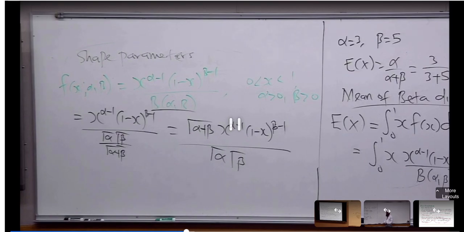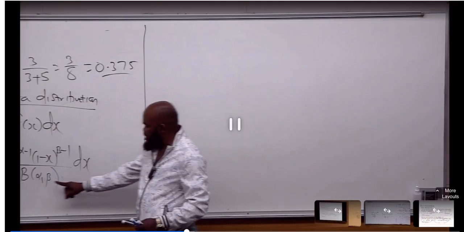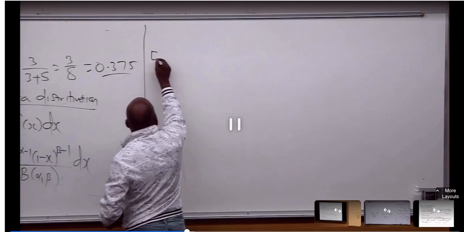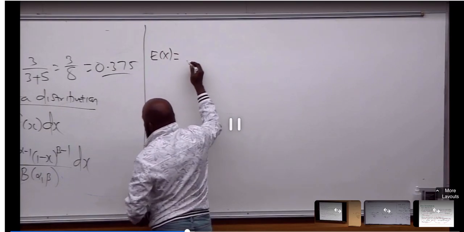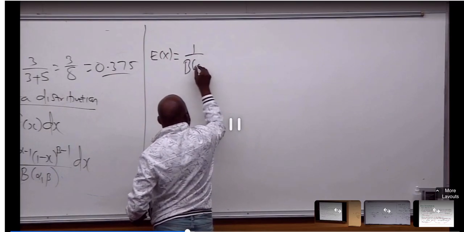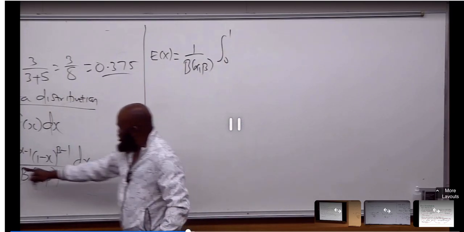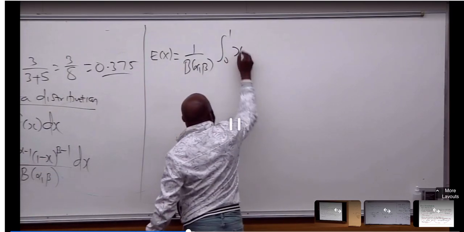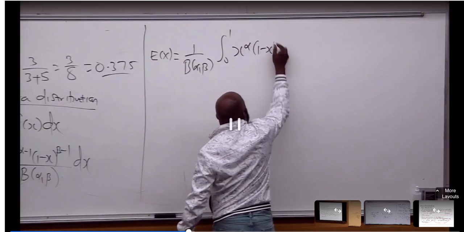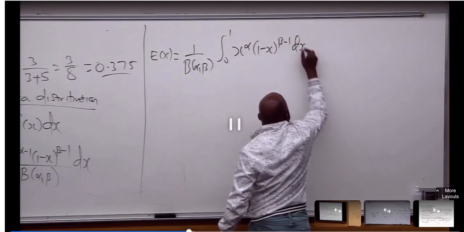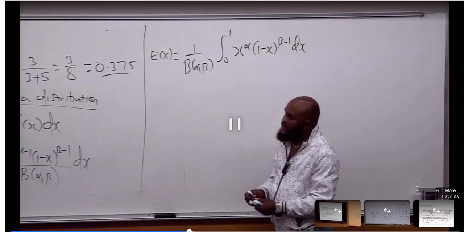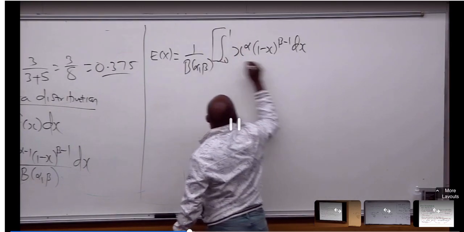Now I want to integrate with respect to x. I'm going to bring that guy out. So 1 over this. 0 to 1. We combine that guy. You see that? Can somebody tell me this for extra credit?